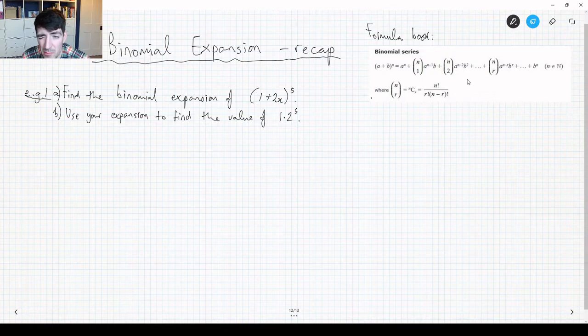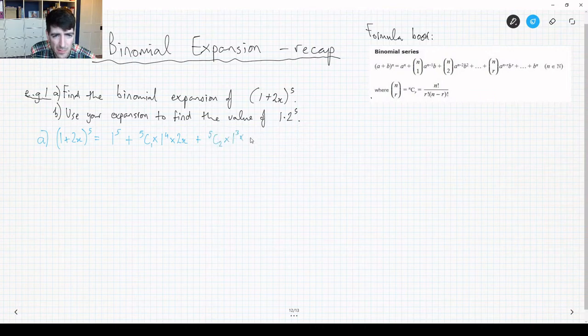And so we'll just have a look at how this one works, and I'll just remind you of it. So for part A, we know that (1 plus 2x) to the 5 is therefore going to be, if we just look at the formula, 1 to the power of 5, add 5C1 times 1 to the 4 times 2x, add 5C2 times 1 to the 3 times (2x) squared.